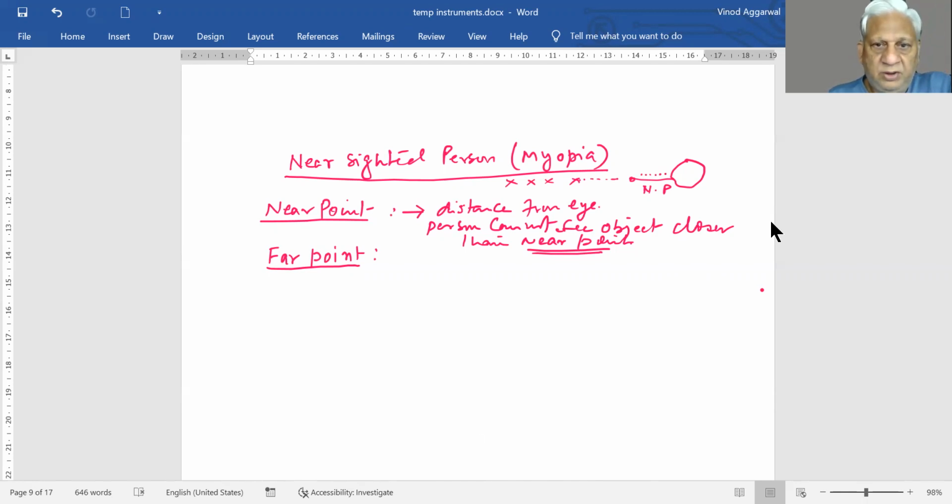Far point is just the opposite. You have an eye. Far point is the farthest point that you can see, and if you take anything farther than that, you cannot see it.